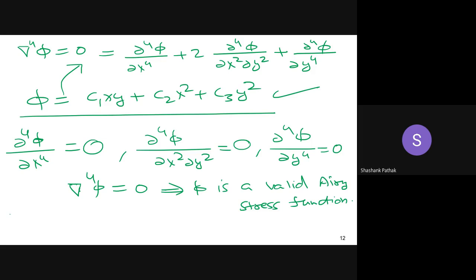Now, how can you write sigma xx? How to calculate sigma xx from the given phi? Vikram. Yes, how to get sigma xx from this phi?